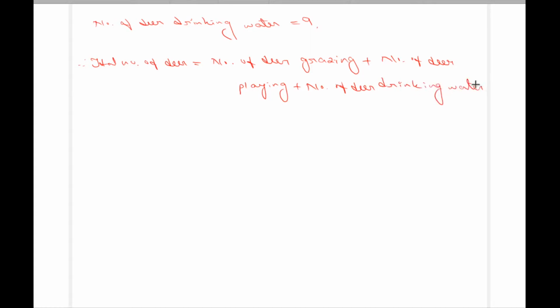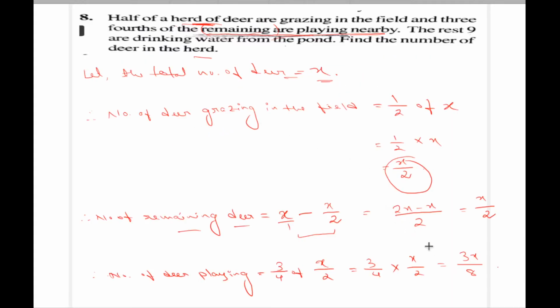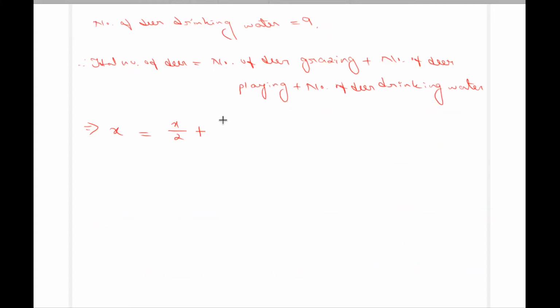Yes? Okay. Now see, total number of deer is our x. And number of deer grazing is x by 2, plus number of deer playing is 3x by 8, and the number of deer drinking water is 9. Okay, so see, here we have got the equation.